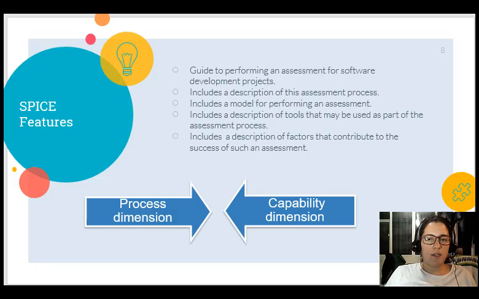ISO/IEC 15504 is organized around a reference model that is divided in two dimensions, a process dimension and a capability dimension.